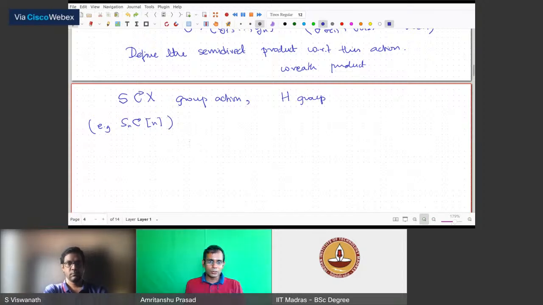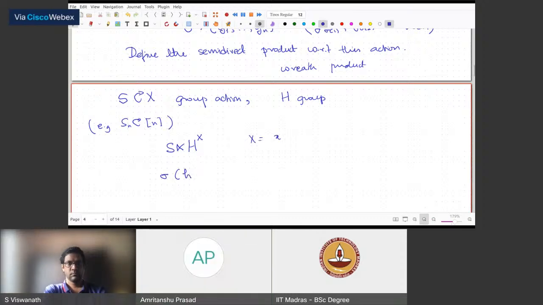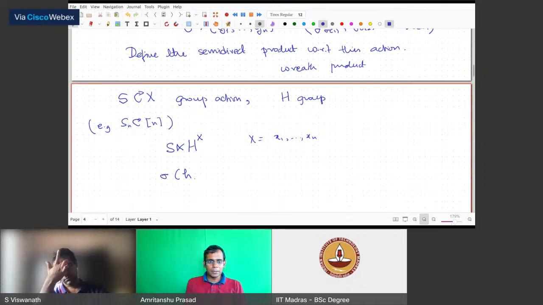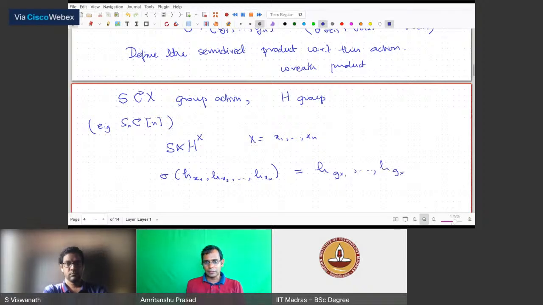So the wreath product is H to the power X semi-direct product S, where sigma belongs to S. So if X is x1 to xn, then an element here is of the form H x1, H x2, H xn, and sigma acts by H of g x1, H of g xn. This is the action.